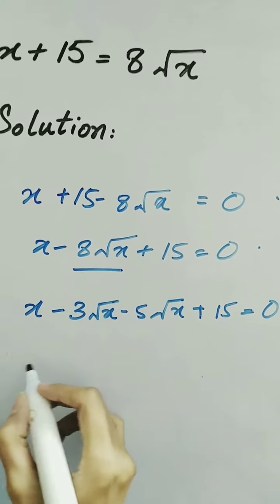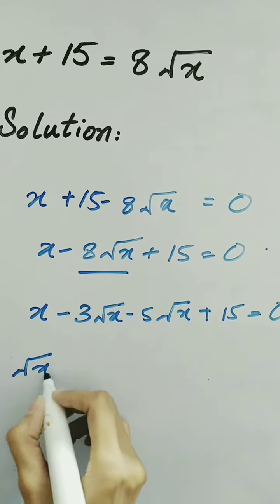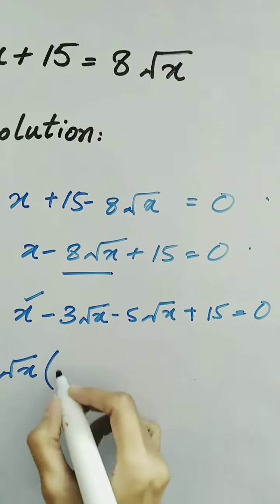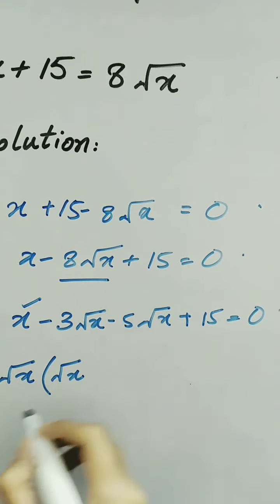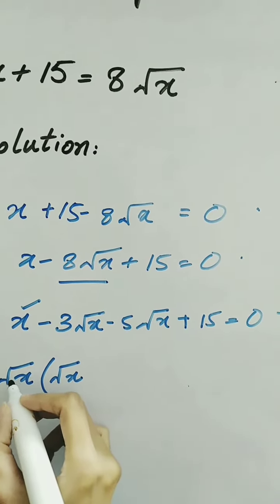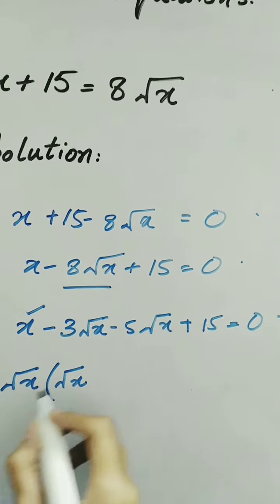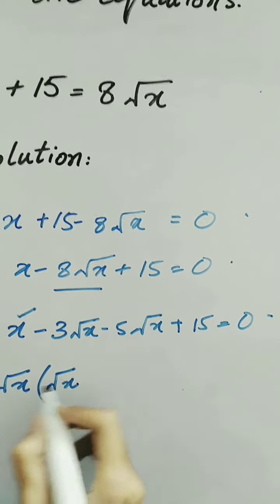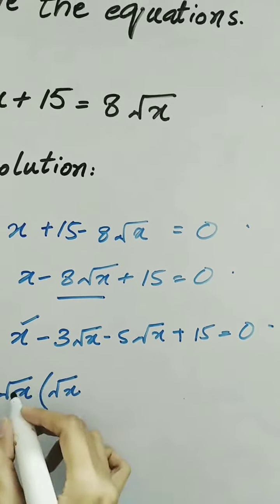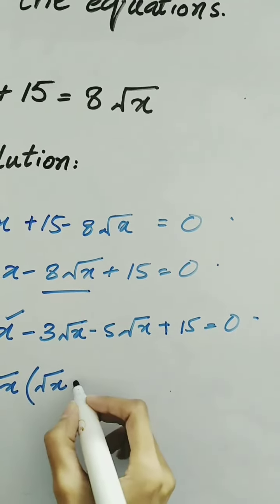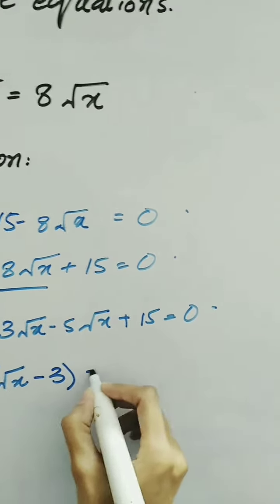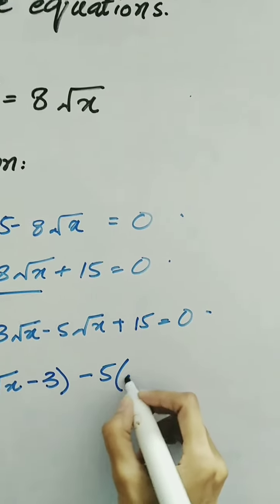Now taking root x as common, we have root x remains in the bracket, as we know that the power of root is half, and half plus half is equal to 1. So root x into root x is equal to x, minus 3. Minus 5 is common here.